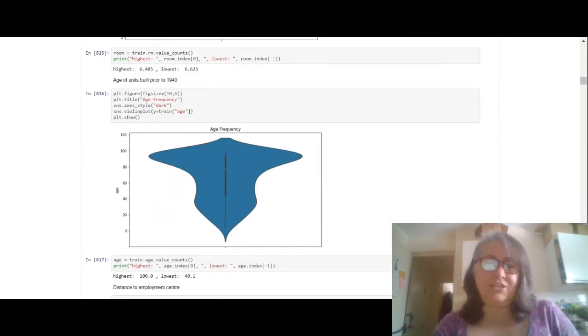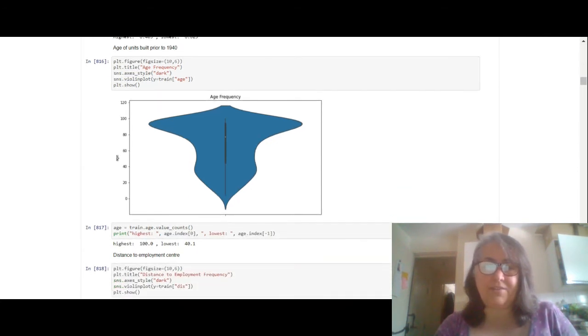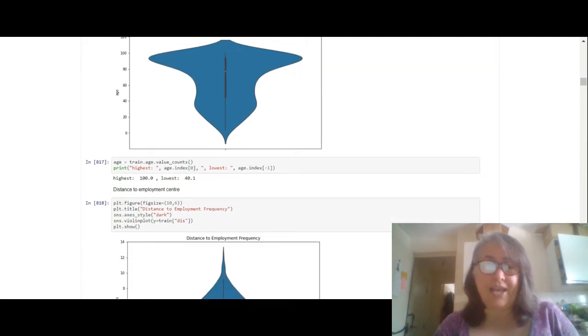And now they're going to check the age of the units built prior to 1940. So you can see we've got a violin plot of that. You can see you have a lot of houses that are between 80 and 100 years old. So the highest value is going to be 100 years and the lowest value is going to be 40. So that was very interesting.